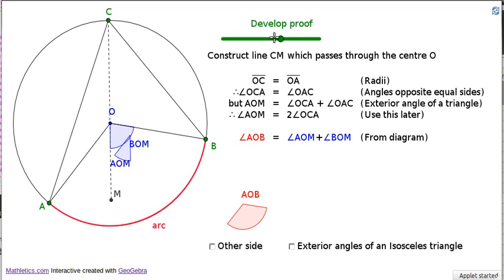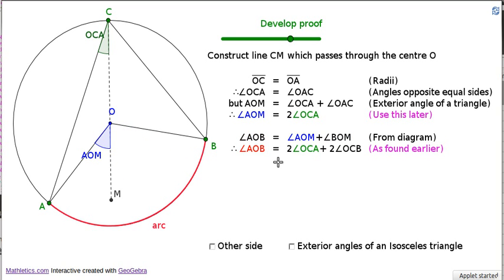That's just from looking at the diagram. And then you can say that AOM is the same as 2 lots of OCA, and on the other side, BOM is the same as 2 lots of OCB, which is what we found out earlier.